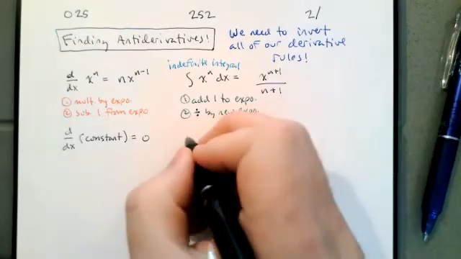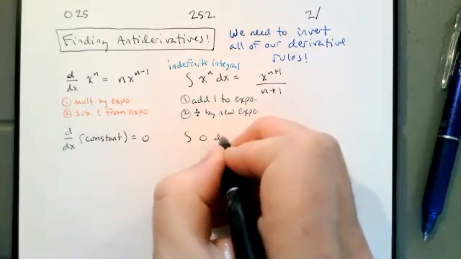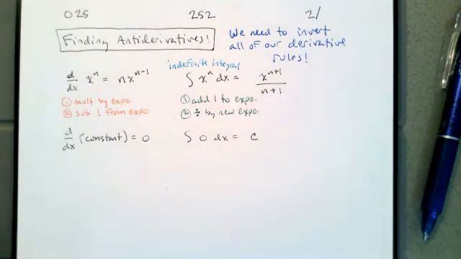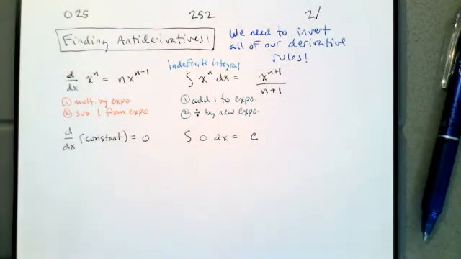So the way this shows up, we never write this, but this is how we're thinking about it. If you integrate nothing, something shows up. Because the derivative of a constant is 0, we lose a piece of information. That's the way I think about it. We lose a piece of information in the derivative process.